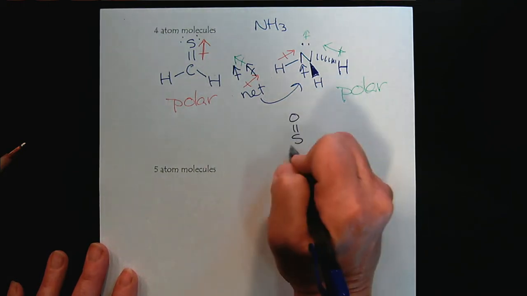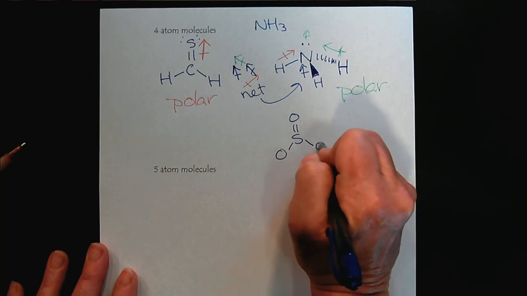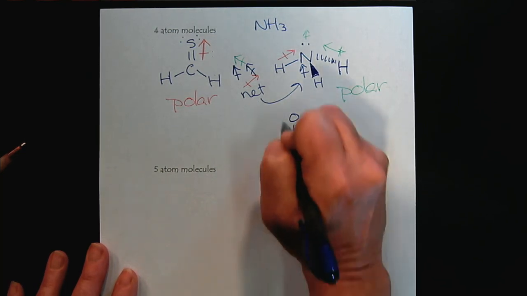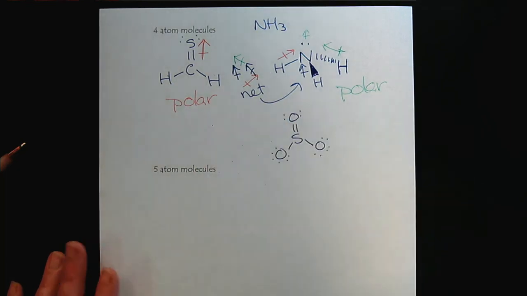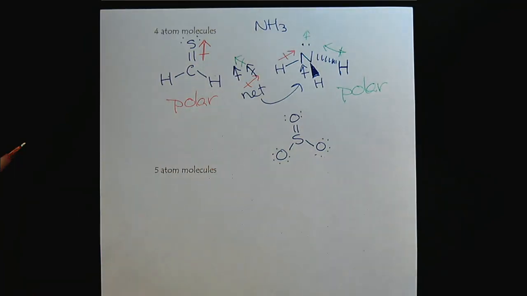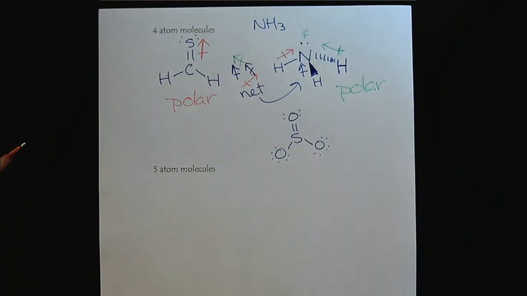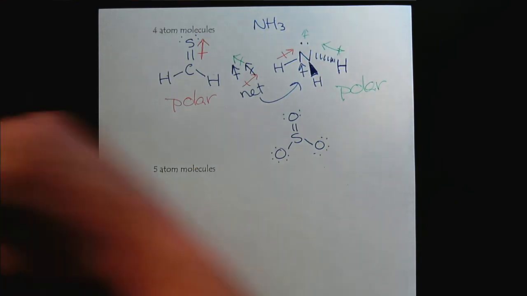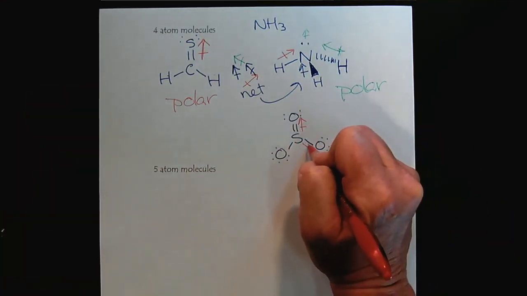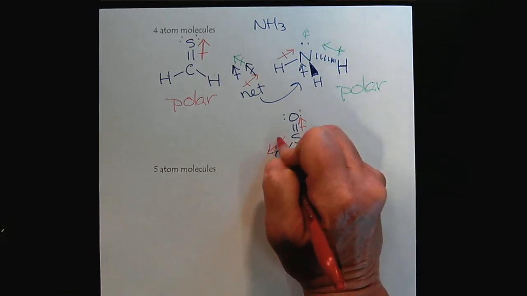If we had sulfur trioxide, remember that the double and single bonds do not affect the polarity. This is simply about the identity of the atoms. So here's the example where we would have 3 dipole moment arrows all pulling out, right?